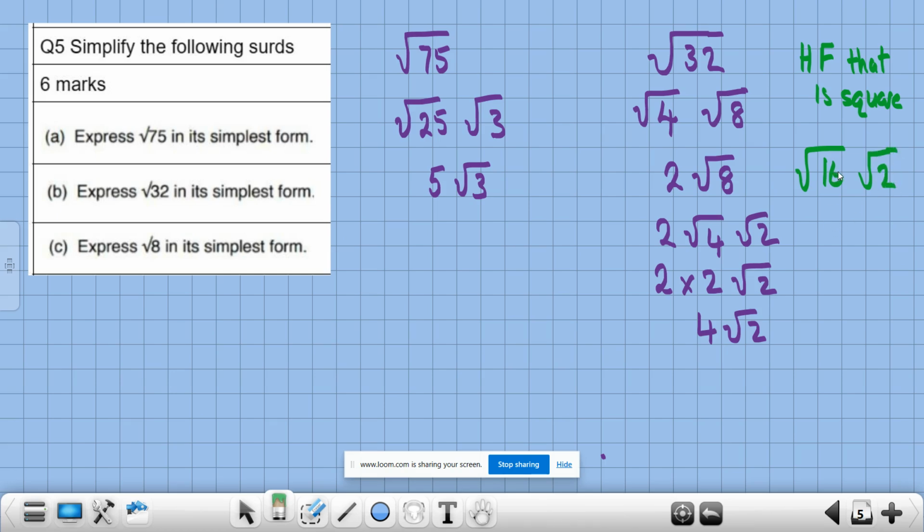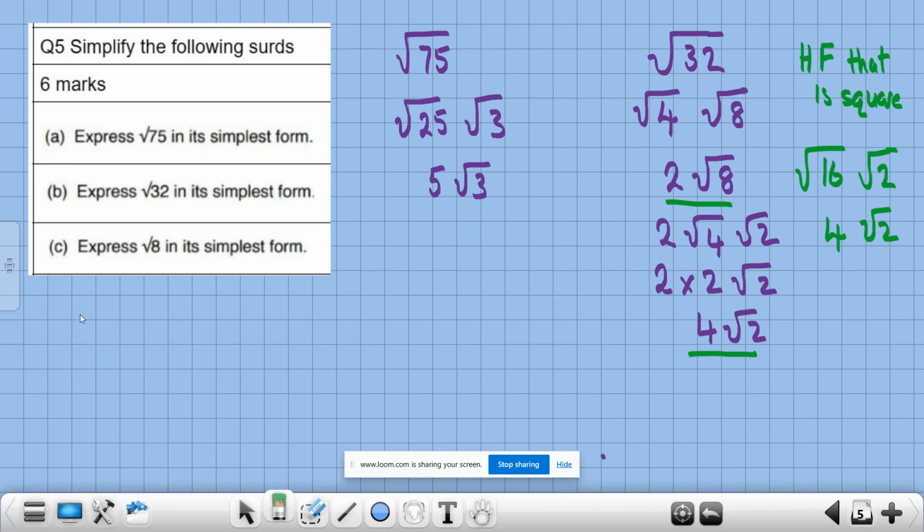And if we square root 16, we get 4 root 2. So this method is okay if you don't stop there. You do recognise that you can break that down further. But I think the key thing is to look at the factors, and if you find that there is more than one square number as a factor, you're looking for the biggest. It's just the same sort of thing.